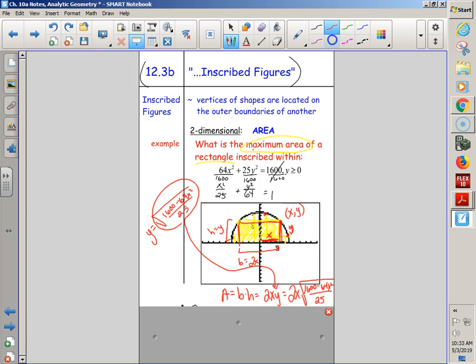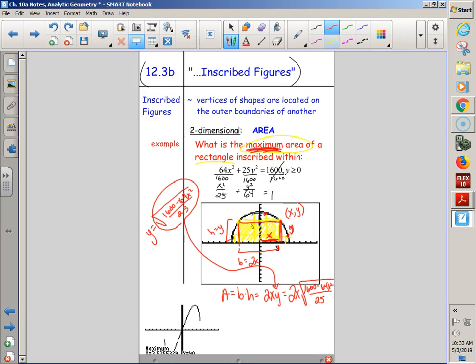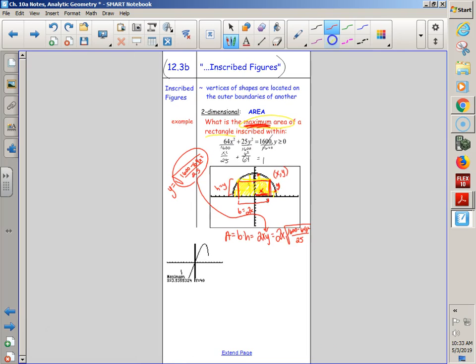So what are they asking for? The one that has the max. So guess what's graphed right down here? I can throw this equation into my graphing calculator and say y1 equals the mess, and the mess represents area. And guess what I can do if I get my window to look appropriate? I can say, hey, I want the max. And what does my calculator find for me?